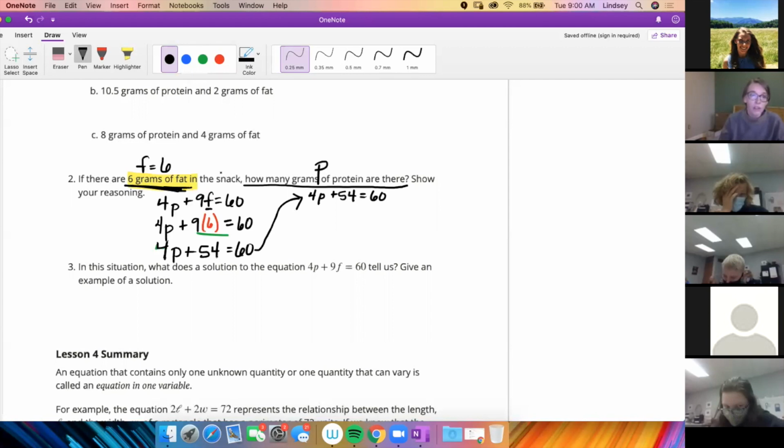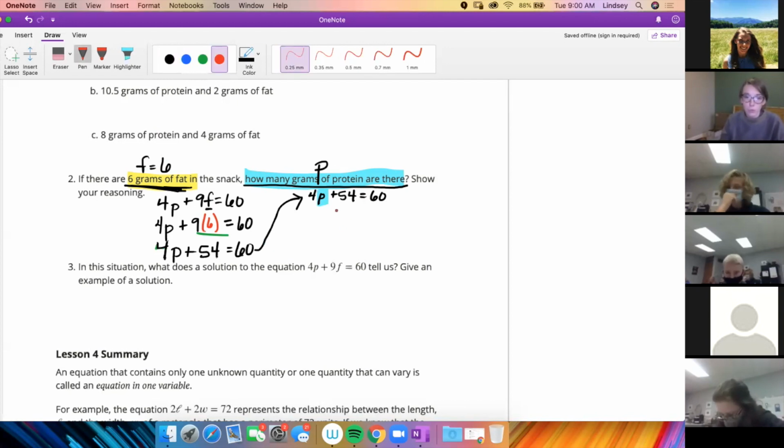Okay, what are we trying to find again? What P equals, okay? So we're solving for P. All right, how am I going to start by solving for P? What am I gonna do?